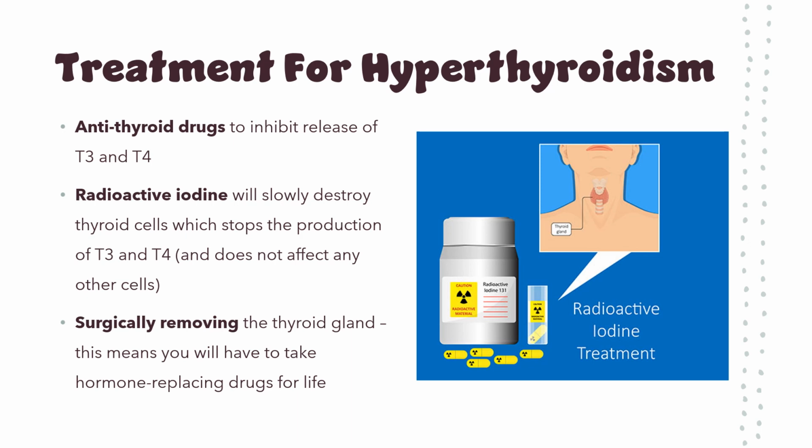We can also surgically remove the thyroid gland. However, if we surgically remove the thyroid gland, we then have to take hormone replacing drugs for the rest of our lives. So these are just a few of the ways we can treat hyperthyroidism, which is the overactivity of the thyroid gland, producing too much T3 and T4.